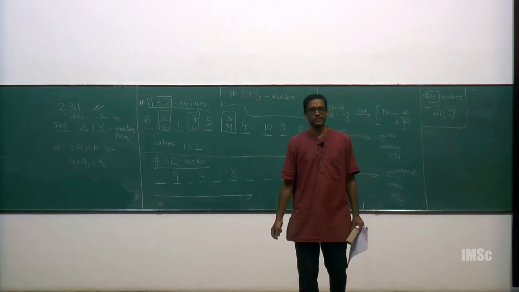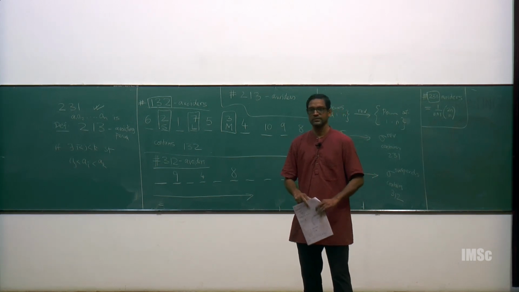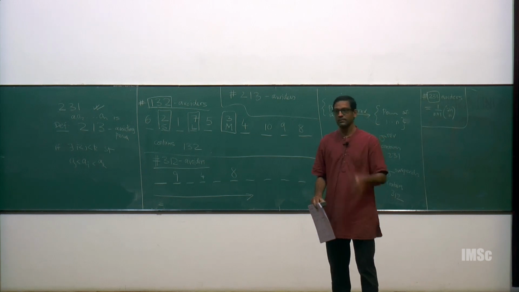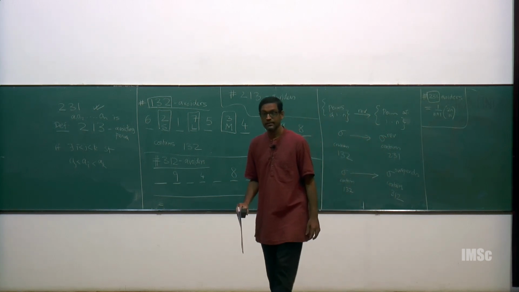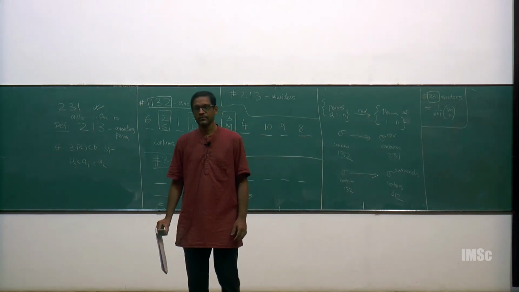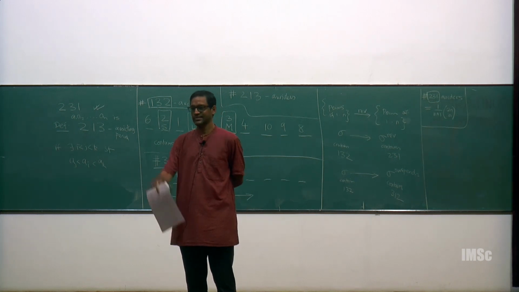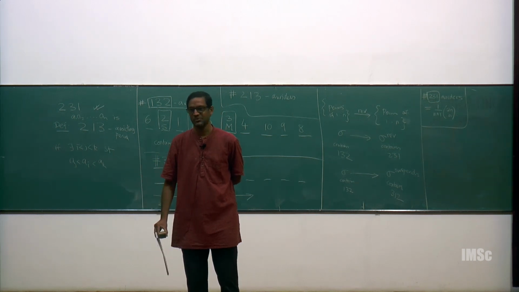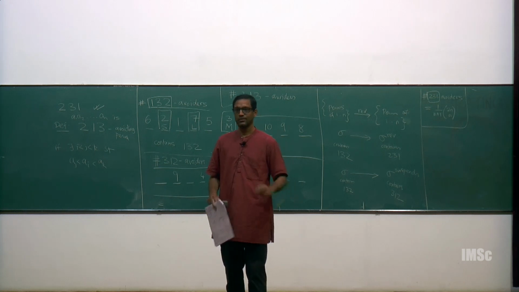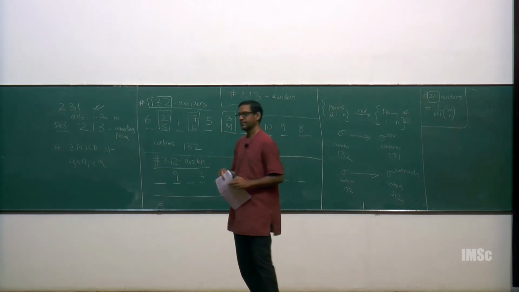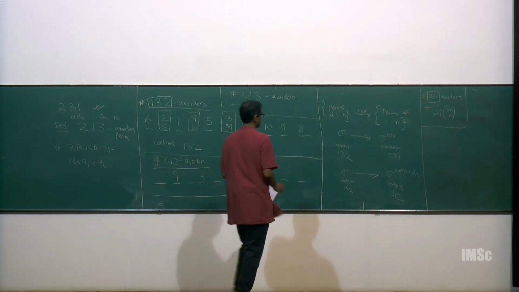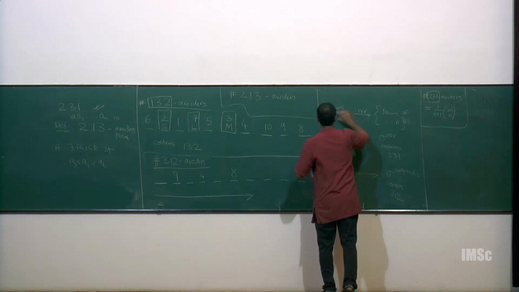Okay, I should ask a question at this point. What's the obvious question? There are still 2 more guys left, which I didn't say anything about. Absolutely. There is 1, 2, 3 and 3, 2, 1. So that's the question you should ask at this point. What about the other 2 guys?